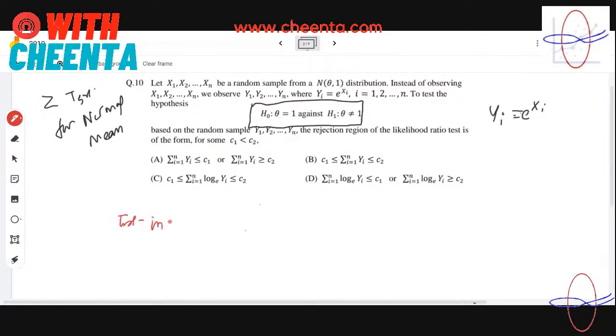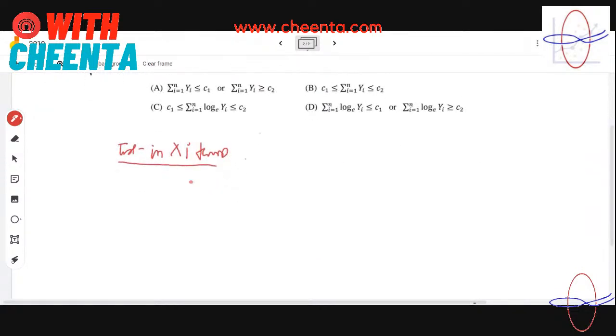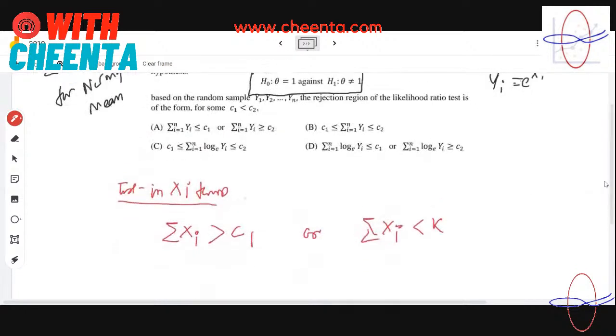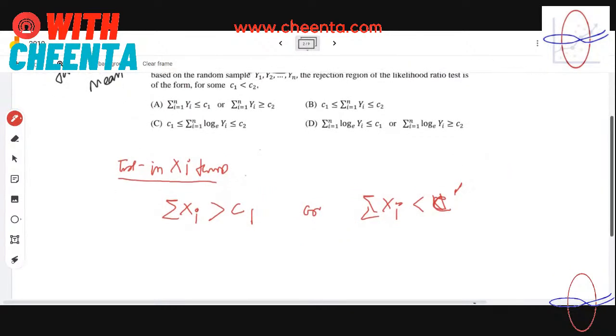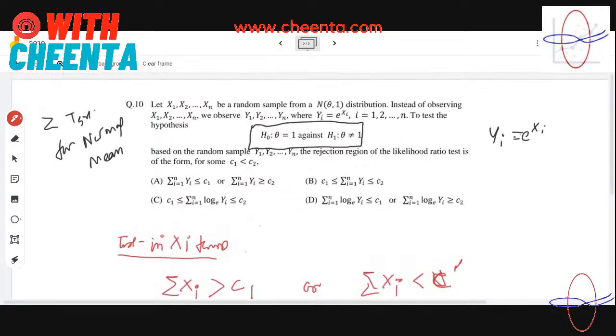In terms of xi, it's the summation of xi: if it's too large, reject, and if the summation of xi is too small, reject. This is how it looks, right? C dash. So it's a rejection region.